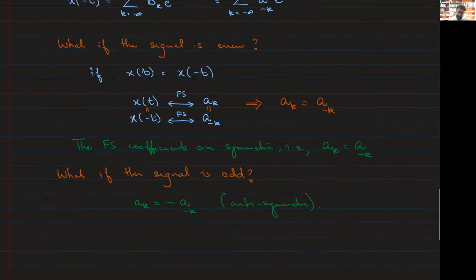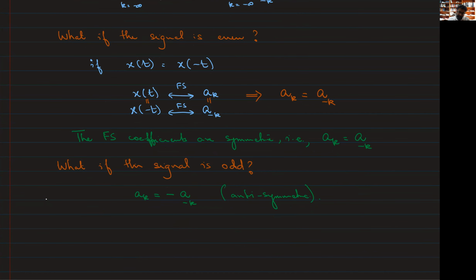So in this particular case, what can I say about a0? If the periodic signal is odd, what can I say about a0? Hassan says it's 0. Why, Hassan? Because we wouldn't be able to satisfy this condition; the only way to satisfy it is with 0.